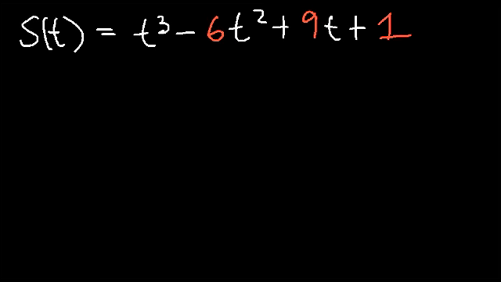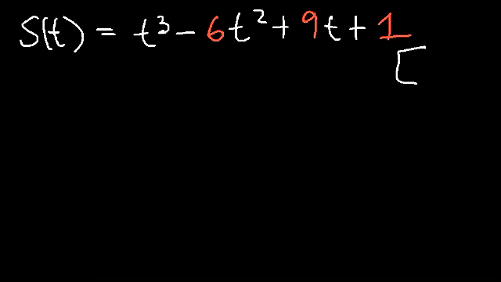Now, in order to find the total distance, you need to know the times when the particle changes direction. And what were those times? The particle changes direction when the velocity is 0, which occurred at t equals 1 and t equals 3.